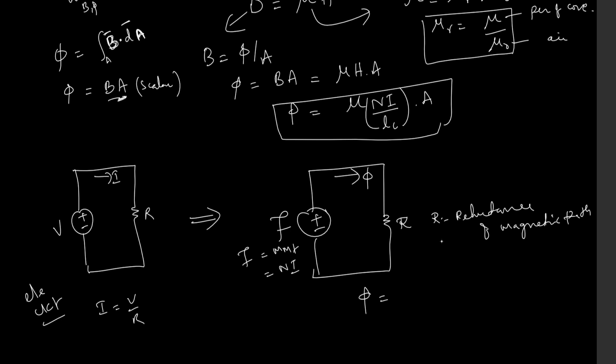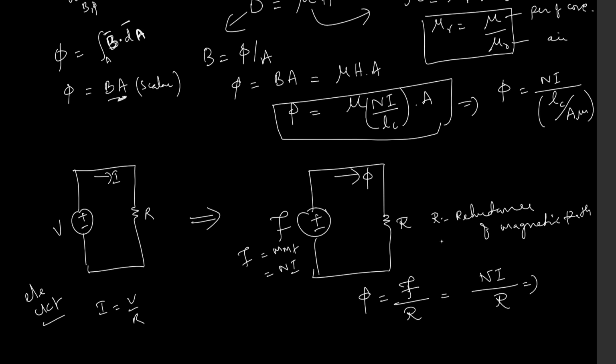So flux is equal to MMF F by R, where F is Ni, and from this I can write flux is equal to Ni by Lc divided by A into mu. Now this reluctance R is Lc divided by A into mu.